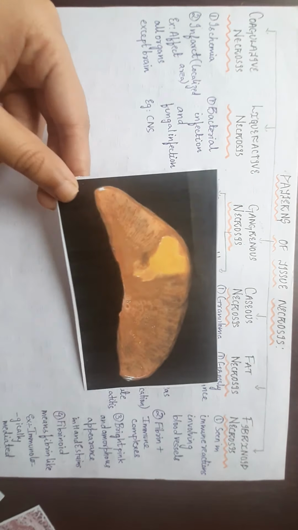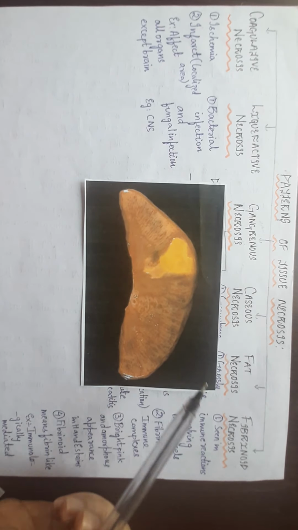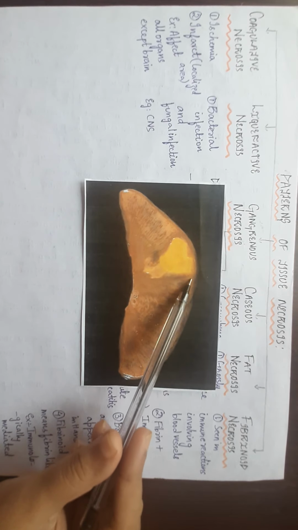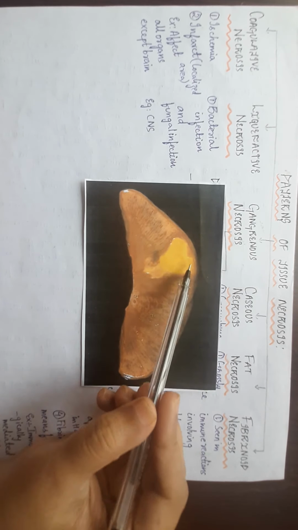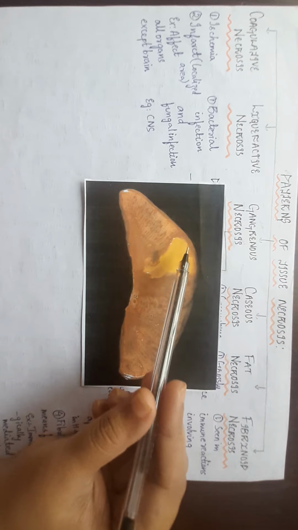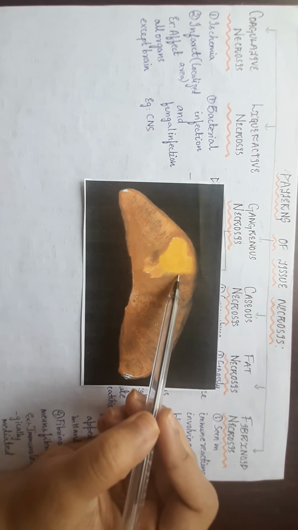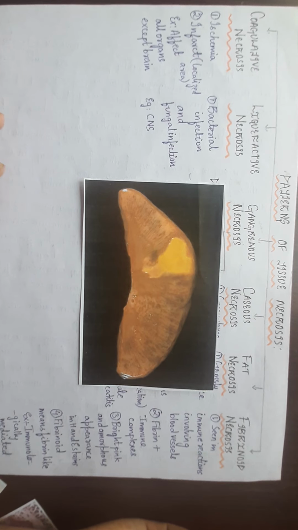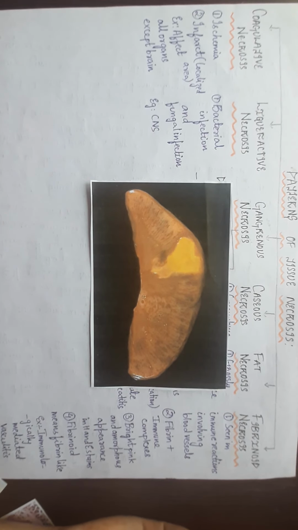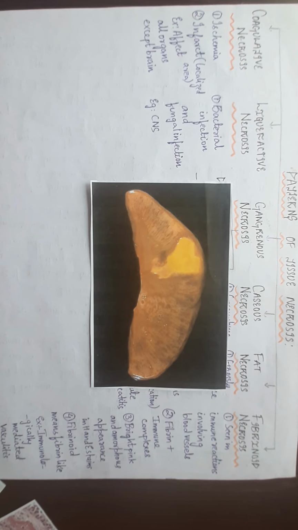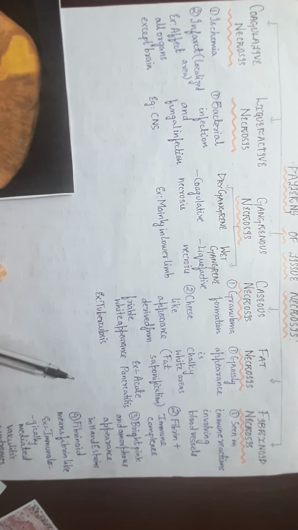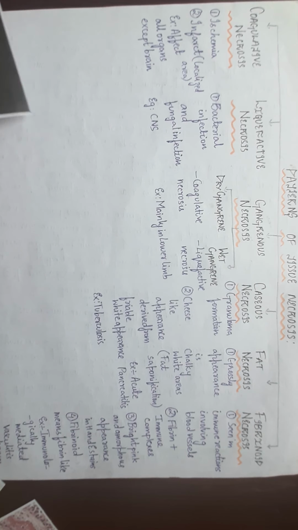In this picture you can see that in this place the coagulative necrosis is taking place, and this area is known as infarct. In my next video I am going to discuss in detail each and every point of this necrosis, but this is in one chart. I am just giving the introduction of all the necrosis and showing the images.